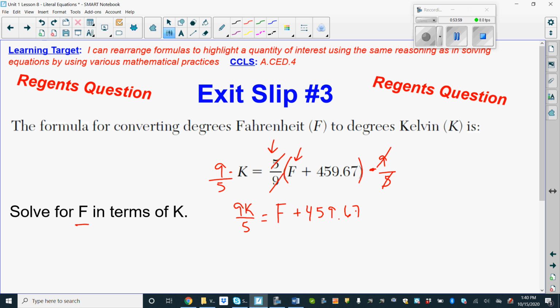459.67. Now we still have to solve for F. It's attached to this plus 459.67. So we have to minus 459.67 from both sides.